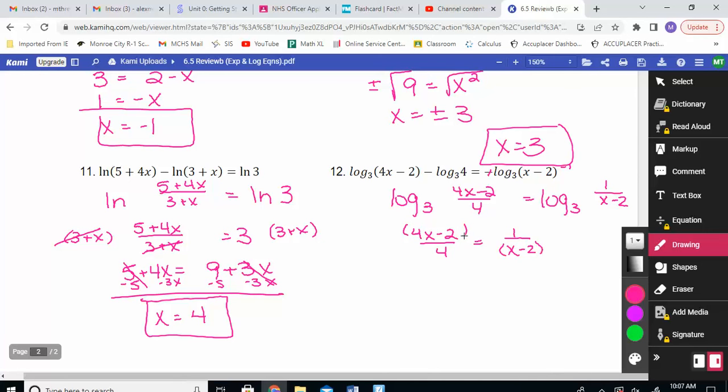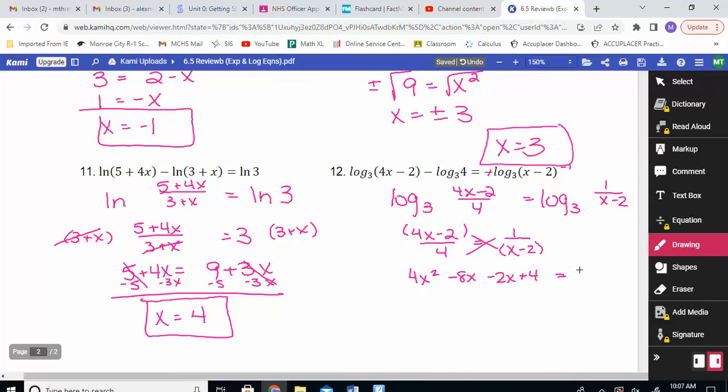We have to cross multiply. 4x squared minus 8x minus 2x plus 4 equals 4. If I subtract that 4 over, those cancel. So how would I solve this? Take out an x.